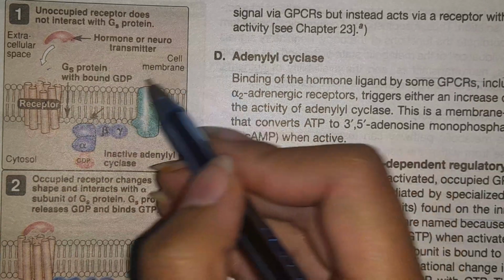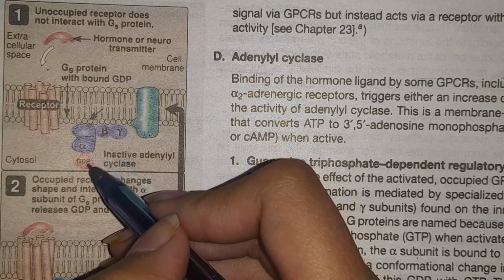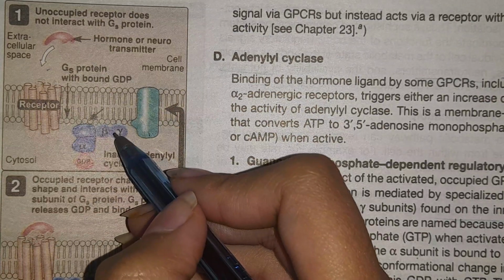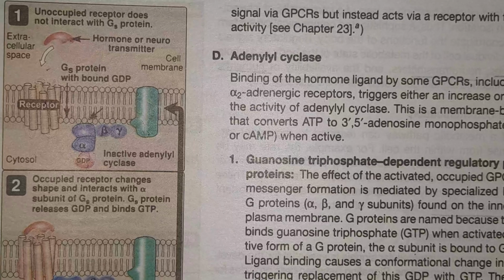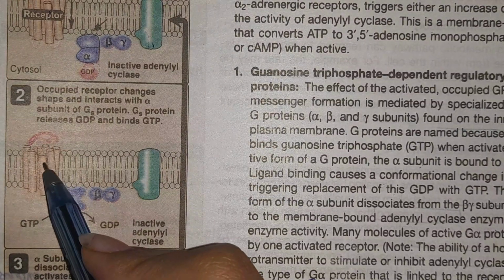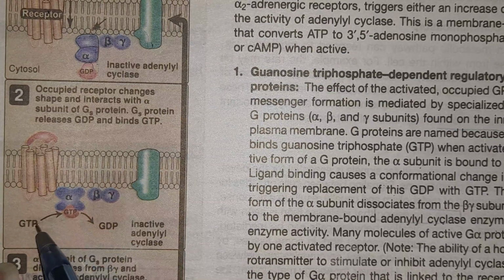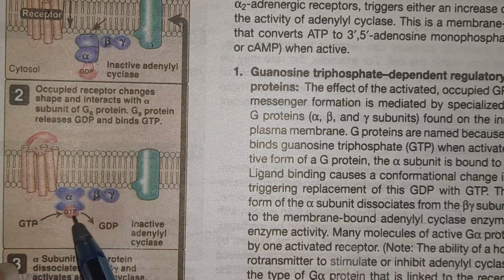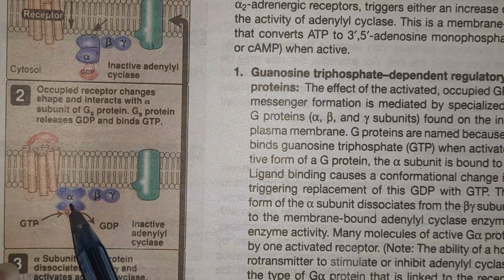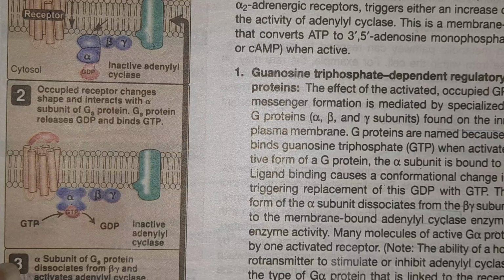First of all, the alpha, beta, and gamma unit is attached to GDP and keeps the cell inactivated. But as soon as the hormone binds to the receptor, GTP comes and attaches to the alpha subunit, and whenever GTP attaches to the alpha subunit, it separates from the beta and gamma subunits.